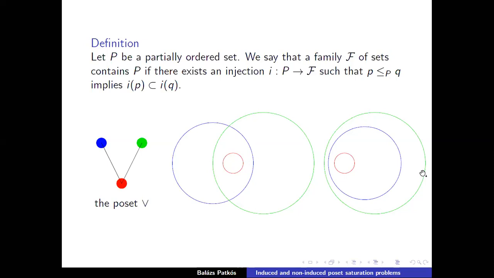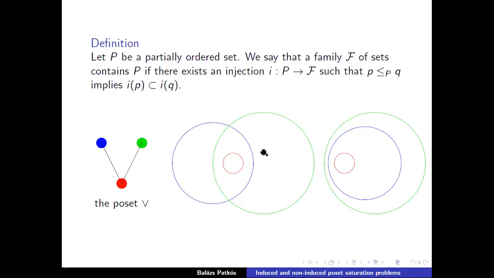Well, this is done also here. The difference between the 2 pictures is that here we have the extra containment, that the blue one is also contained in the green one. Well, it's a matter of taste whether you consider this as a problem or not. But whatever we have here is that whenever there is a relation in the poset, there should be a containment among the appropriate sets.